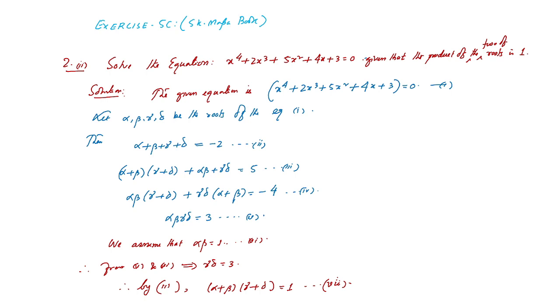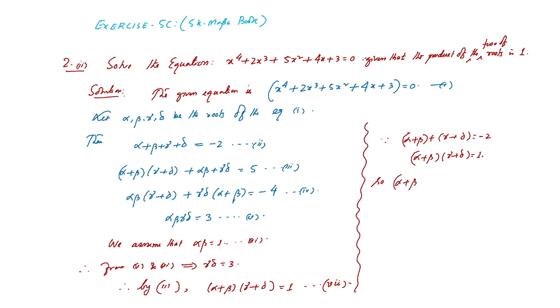Now the equation with roots alpha plus beta and gamma plus delta. We have seen alpha plus beta plus gamma plus delta equals minus 2, and alpha plus beta into gamma plus delta equals 1.